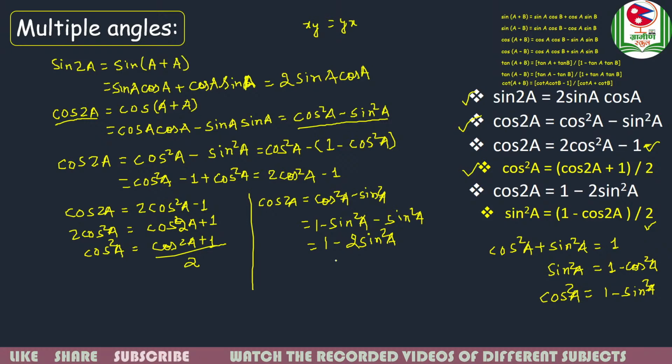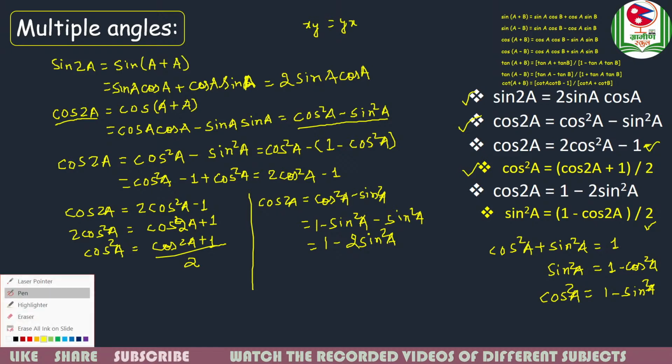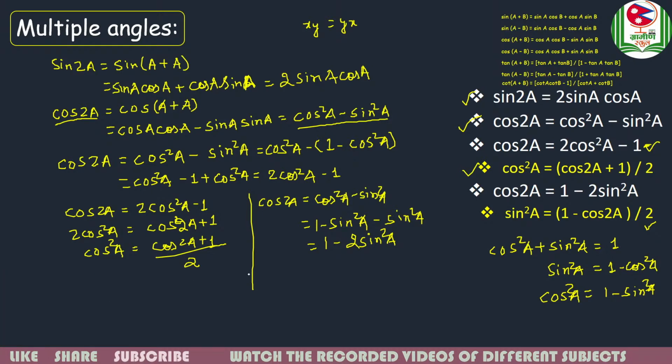Again we can express cos 2a in the form of sin square a. So we can write cos 2a equals 1 minus 2 sin square a. This is our result that we have derived.